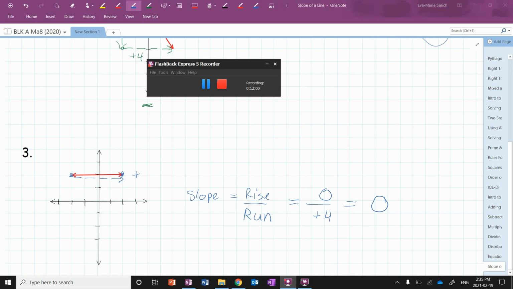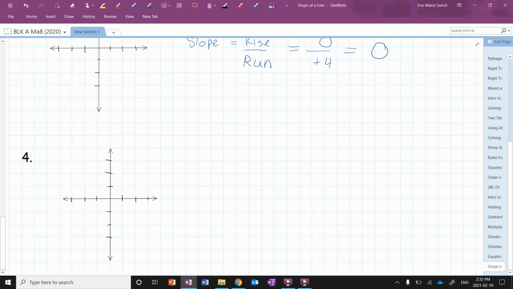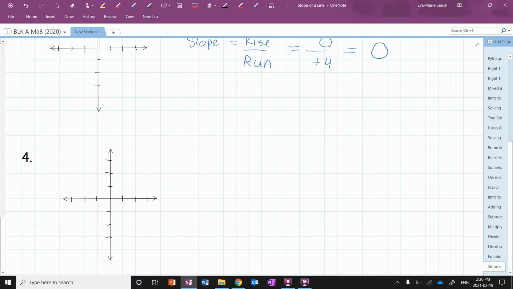All right, on to the last question here. With this question, we're again going to draw a grid and insert a graph. Some graphs are point to point and some graphs are tip to tip.